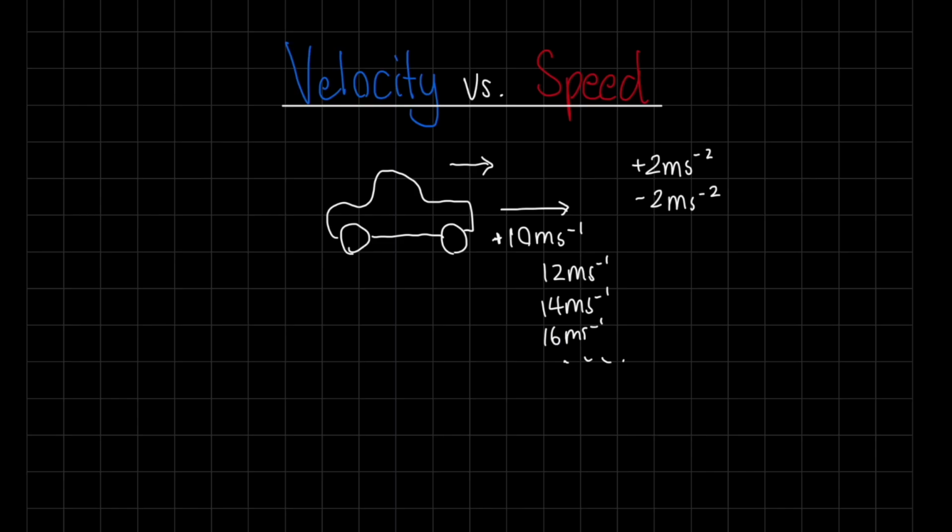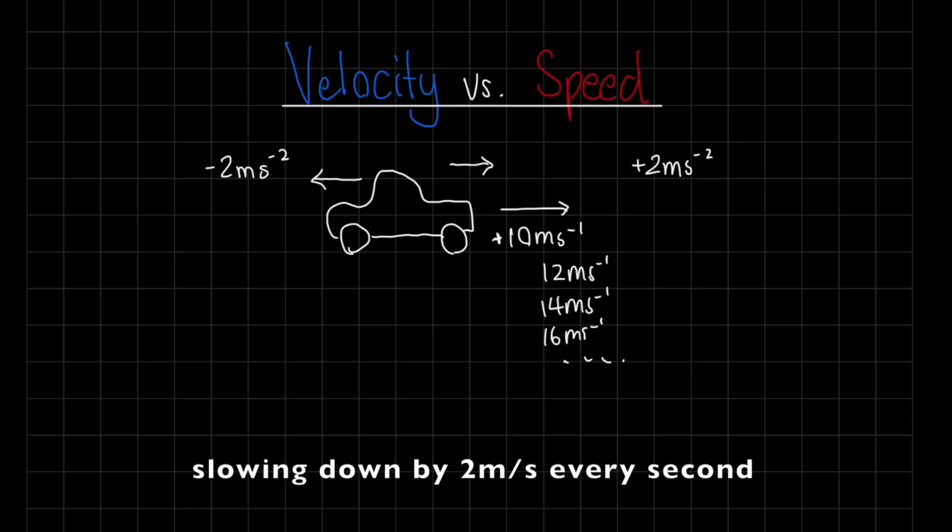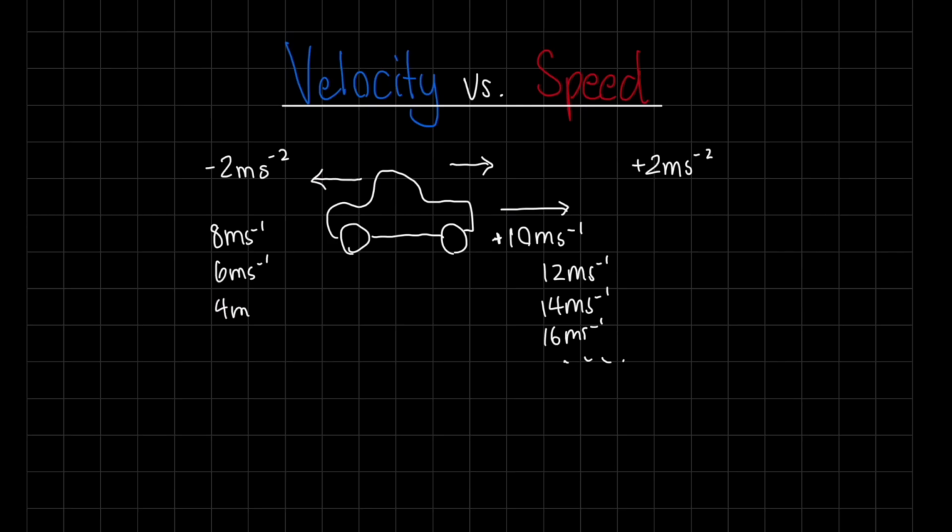Well, in this case, let's move it to the other side so it's less confusing. If we had negative 2 meters per second squared, then this means that acceleration is actually moving against where the car is going. So the car is decelerating instead. It's slowing down. So it goes 8 meters per second, then 6, then 4, and then all the way till it comes to rest.